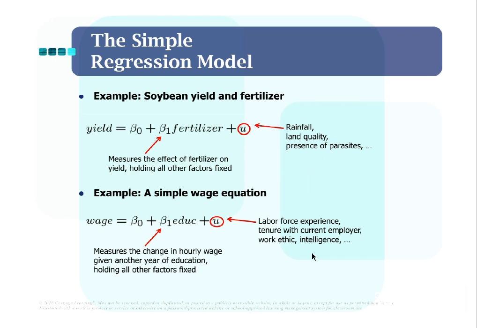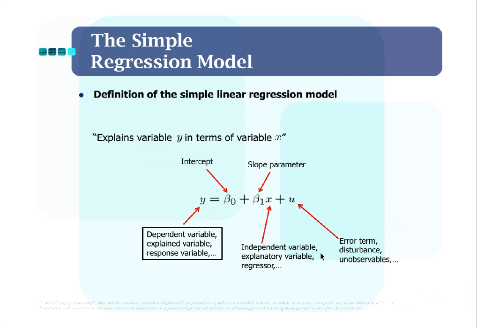A lot of other factors that maybe are not of our interest, or we simply don't have data about those factors. For example, intelligence, or innate ability. So this u is called error term or disturbance or unobservables. So these are the basic terminology and the basic form of a simple linear regression model.